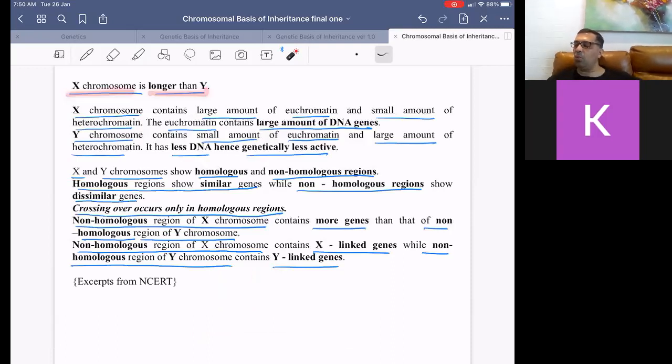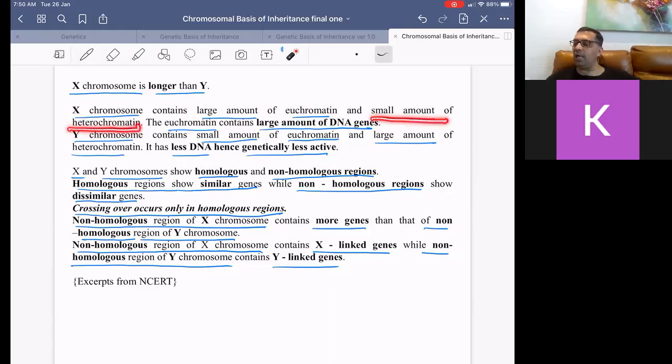The X chromosome contains a large amount of euchromatin, which is genetically, transcriptionally active chromatin, and a small amount of heterochromatin.